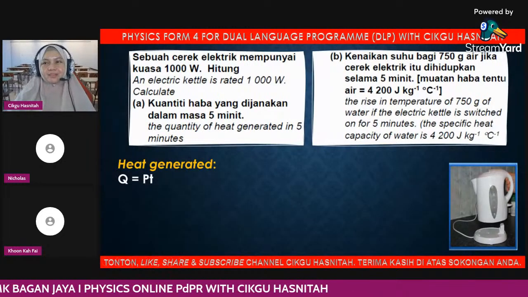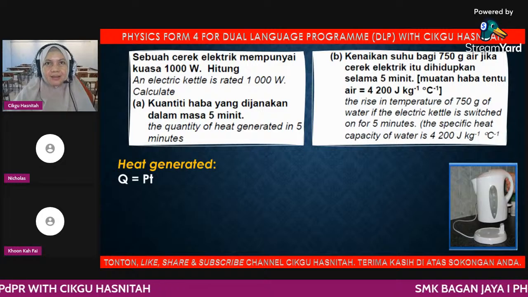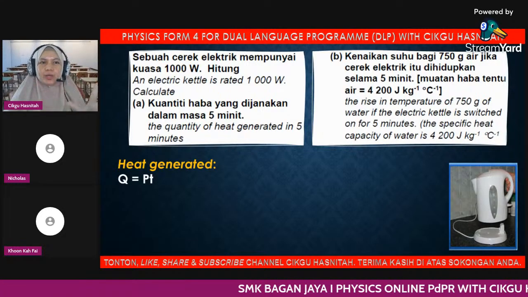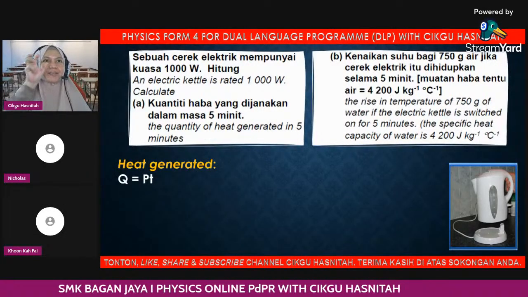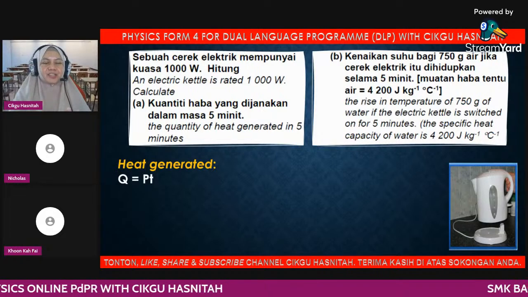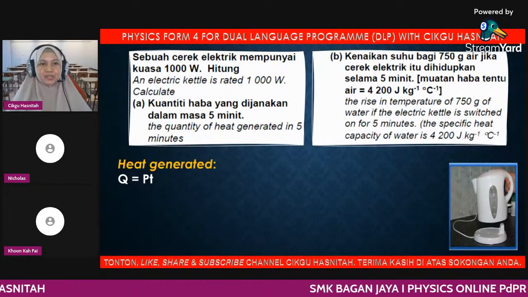Teacher, what if we consider heat loss in our calculations? Normally in our calculation, we always assume no heat loss. It means 100% kinetic energy converts to heat, 100% potential energy converts to heat, 100% electrical energy converts to heat.